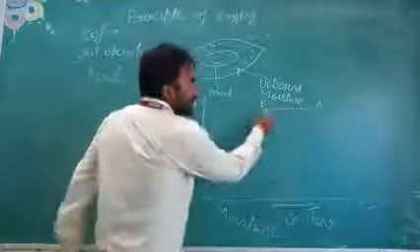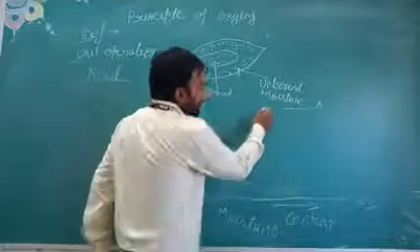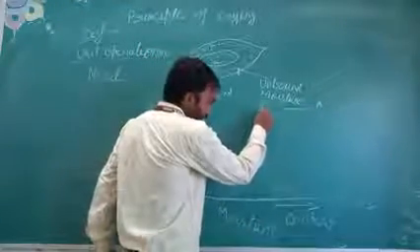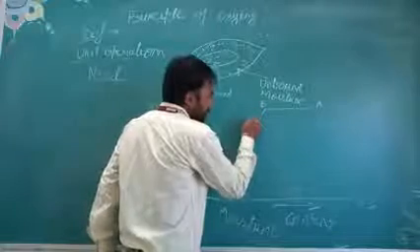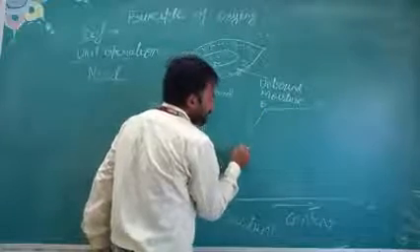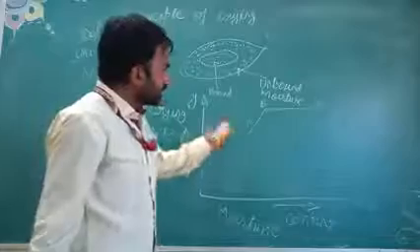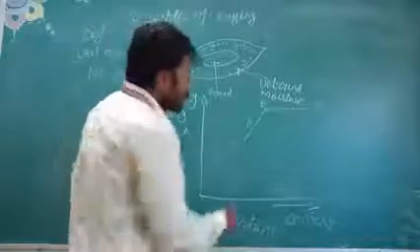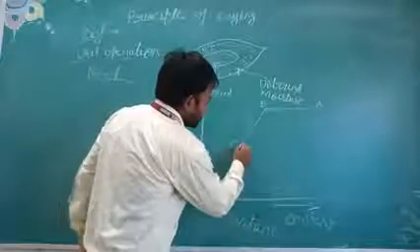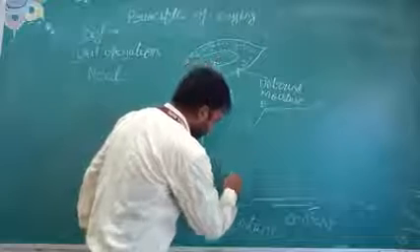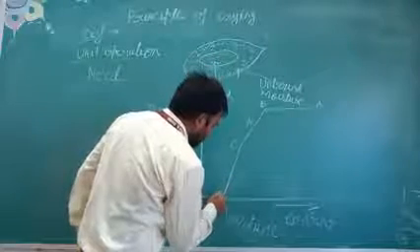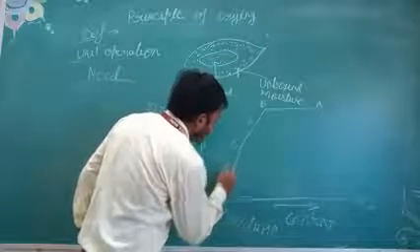Then it follows the first falling rate period, that is called F1, and it is C, and then it follows the second falling rate period, that is called F2.